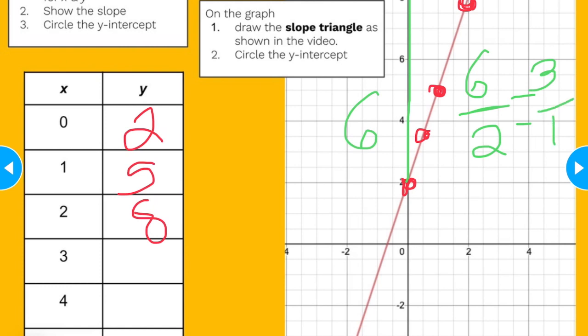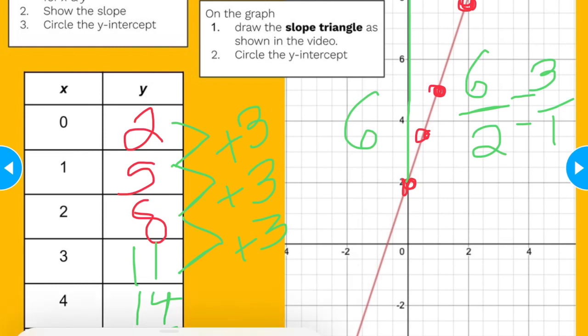The slope of the line is 3. When we look at the table, when we go from 2 to 5, 2 plus 3 is 5, 5 plus 3 equals 8, and 8 plus 3 equals 11. And we can continue filling in the table that way. 14 and 17. That is the slope of our line.